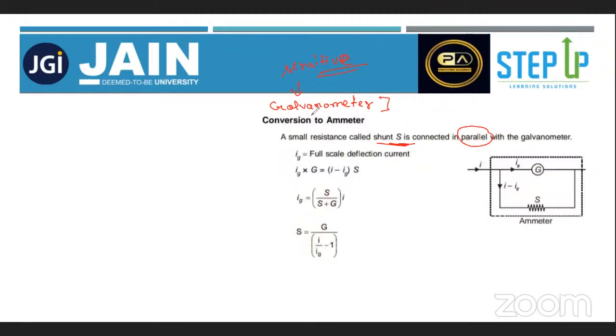To convert it into an ammeter, we take a shunt resistance S connected in parallel with the galvanometer.